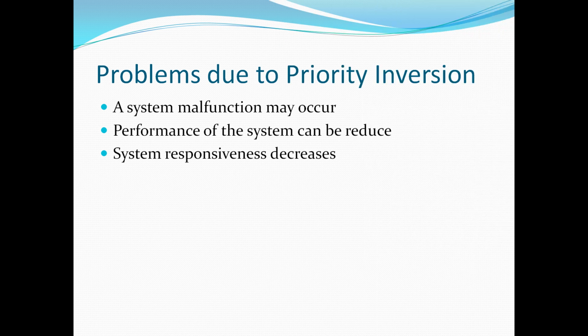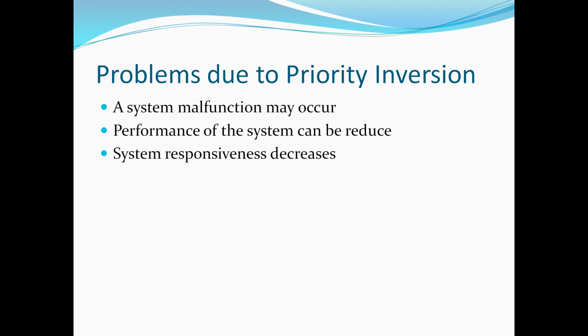Next, there are some problems that occur in a system because of priority inversion. So we can list them here. First, a system malfunction may occur if a high priority process is not provided the required resources.